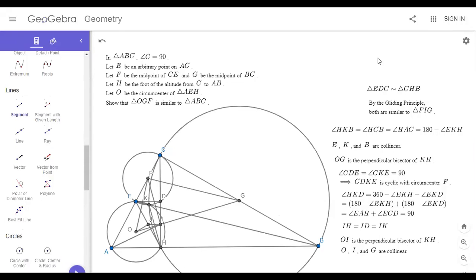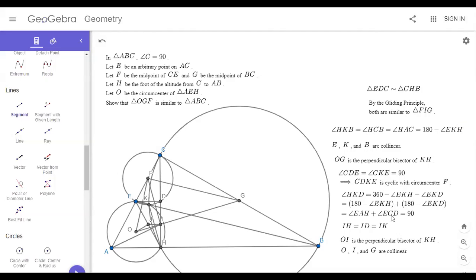Let's see, Timo. Yeah, OF is the bisector. Okay, so EK is parallel to FG. So angle OFG is 90 degrees. Okay, so I mean that shows that angle OFG is 90 degrees.